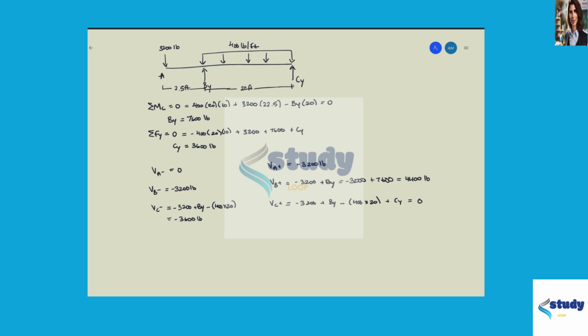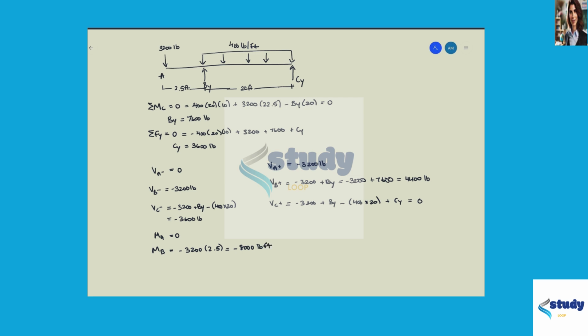Now we can do the bending moment calculations. MA is going to equal 0, and the moment at B is equal to negative 3,200 times 2.5, which is equal to negative 8,000 pound-foot.